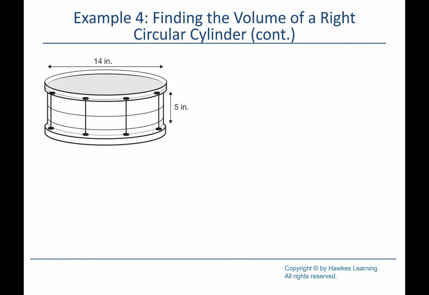So we're dealing with a cylinder. If we want the volume of a cylinder, it's pi r squared h. The thing we have to look out for is this one does not give us r, it doesn't give us the radius. It gives us the diameter all the way across. So we've got to divide that by 2 to get a radius of 7. And then we can plug in. Remember, for pi, we're using our estimate of 3.14.